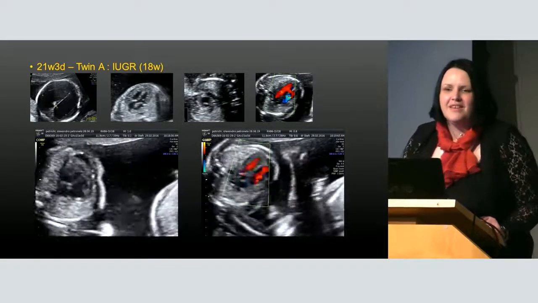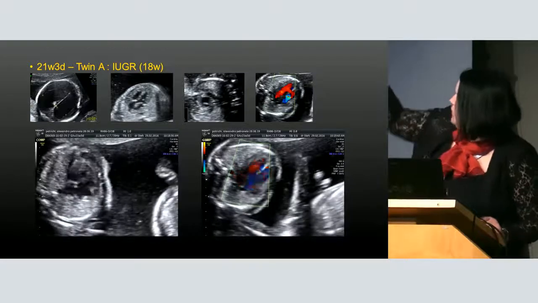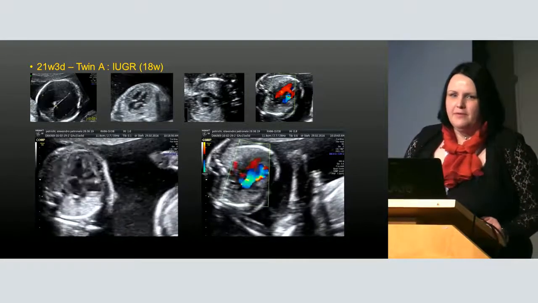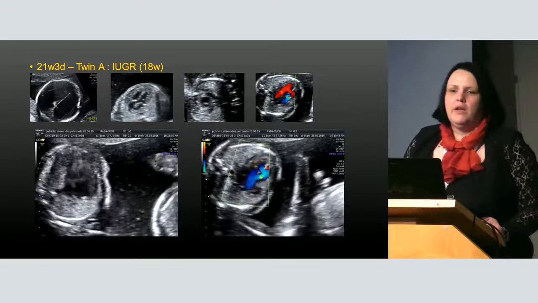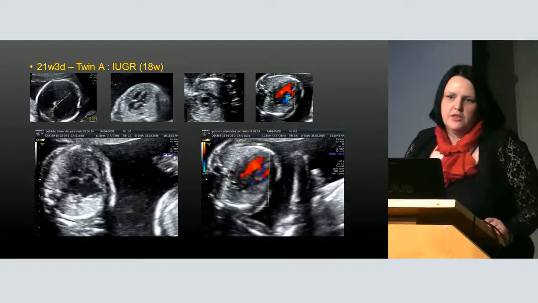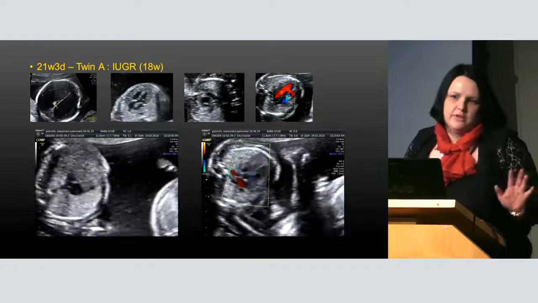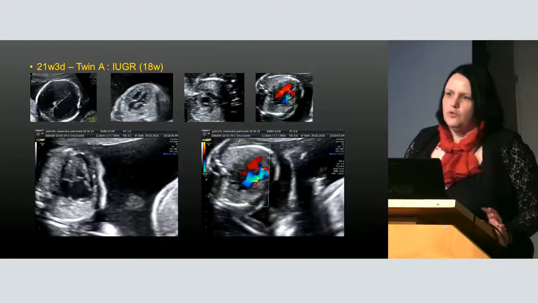Oh, you see it in the third picture above. And we have no karyotype for this patient because she's very religious.